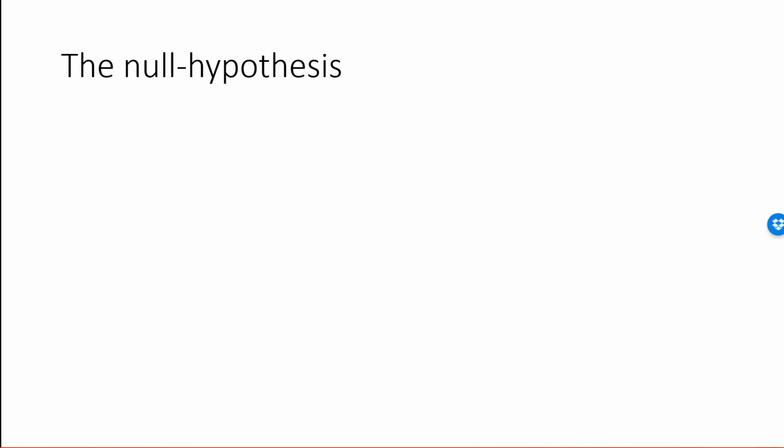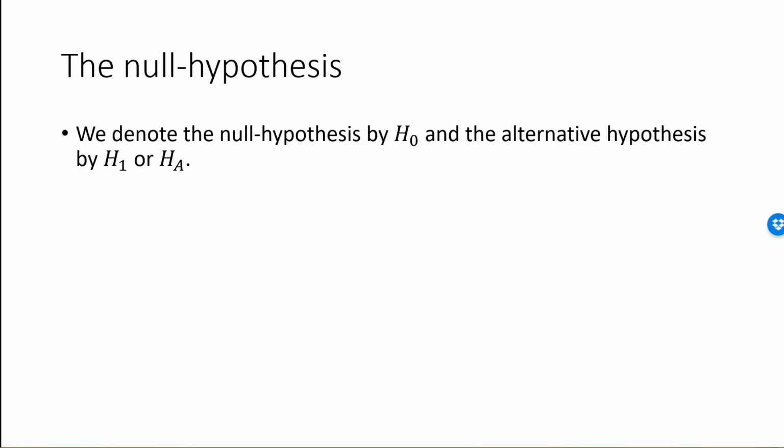But sometimes we do have an alternative hypothesis, which is the one that we go to when we reject the null. So the courtroom trial example, you typically specify the alternative hypothesis as the defendant is guilty. So the notation then is that the null hypothesis, the one that we're focusing on, is denoted by H0, and if we have an alternative hypothesis, it's denoted by H1 or HA.